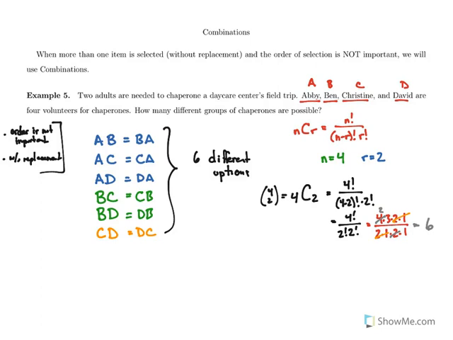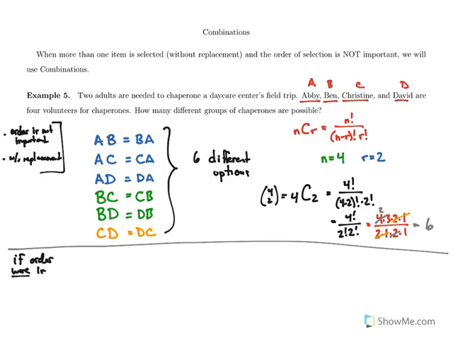So before we talk about the next page, let's think about this problem a little bit longer. What would be the case if order were important for some reason? Maybe there's a lead person in the group and then a secondary person in the group.